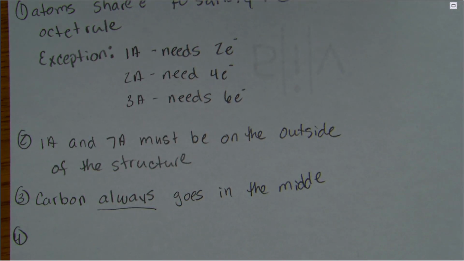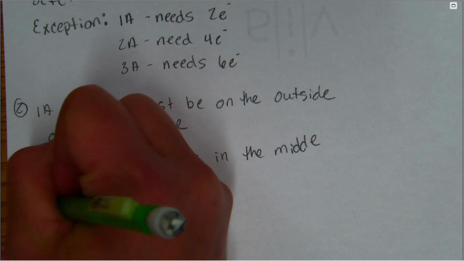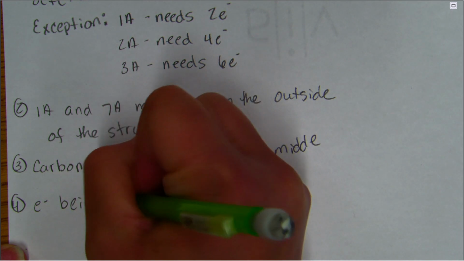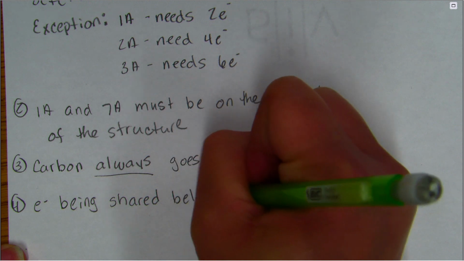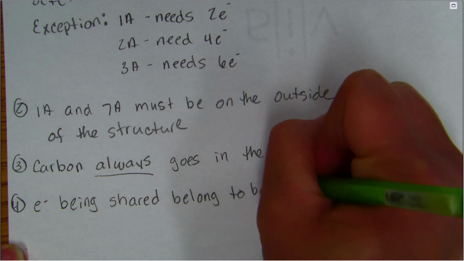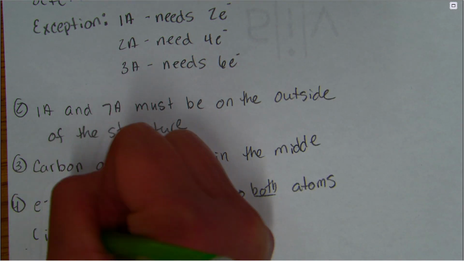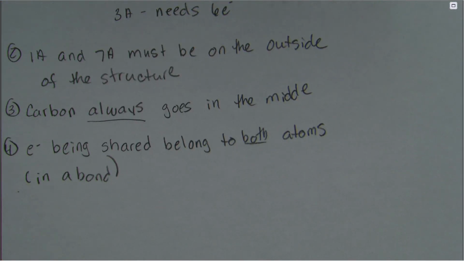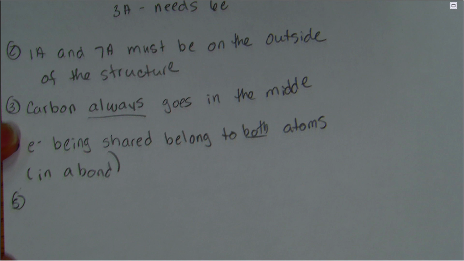All right, electrons are being shared, therefore they belong to both atoms when in a bond. The number of electrons in our final structure must equal the total sum of the valence electrons.